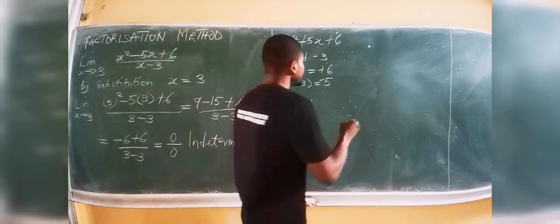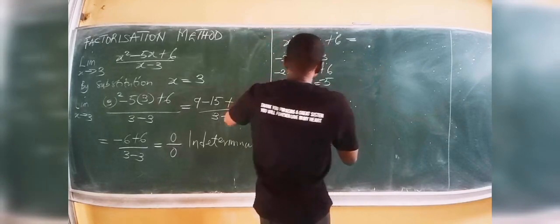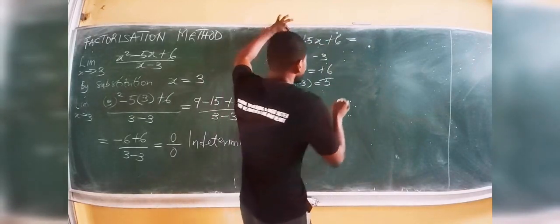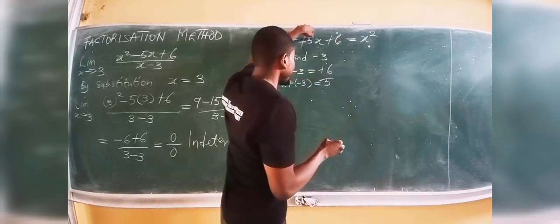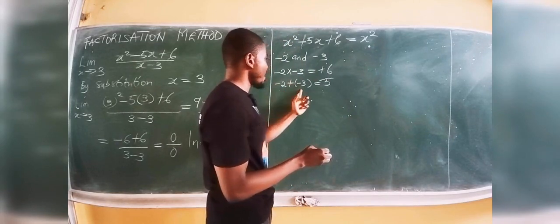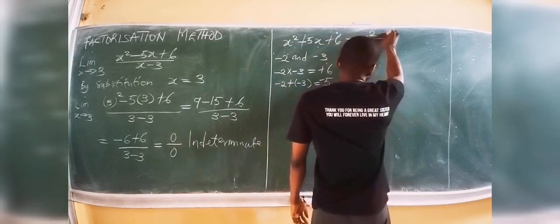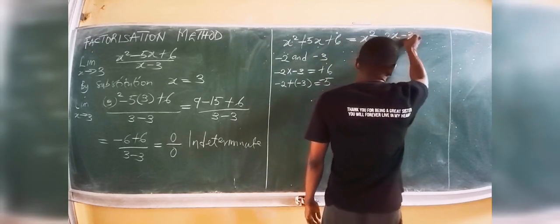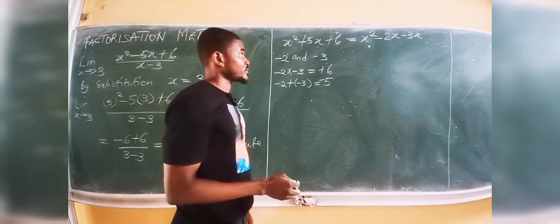So the whole equation can now be written as x squared. In place of minus 5x, we have minus 2x minus 3x, since minus 2 minus 3 gives us minus 5.